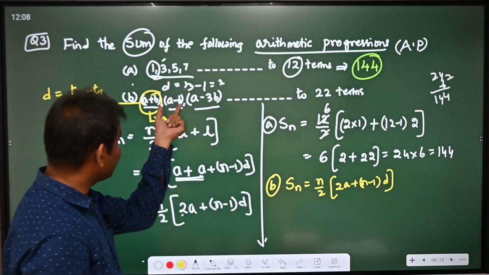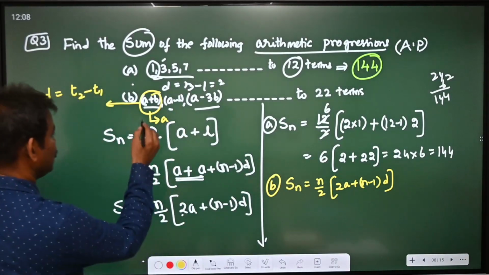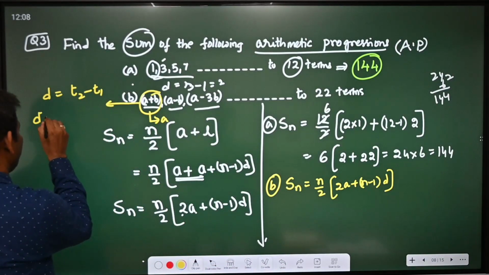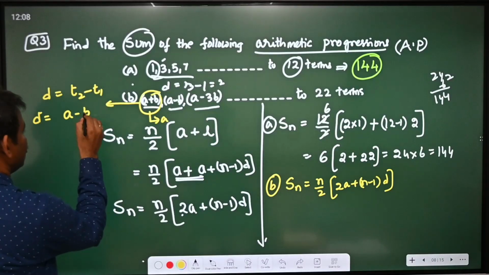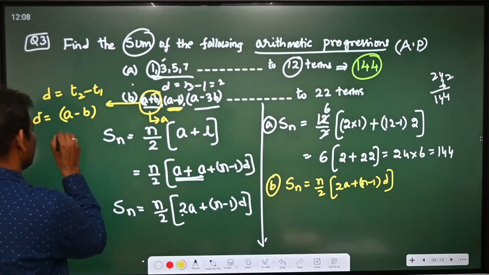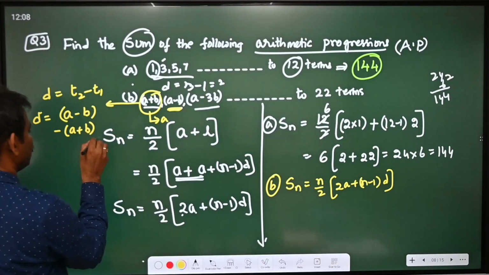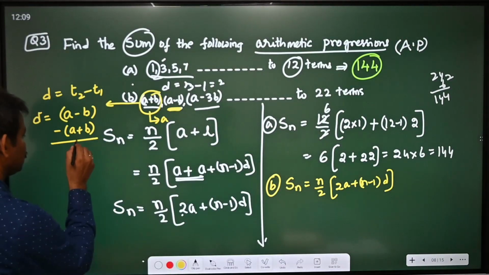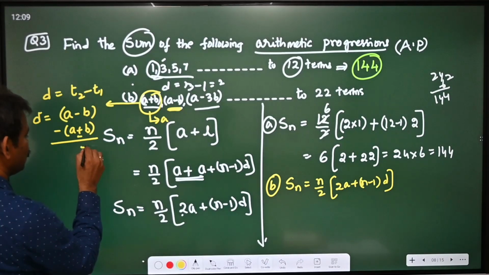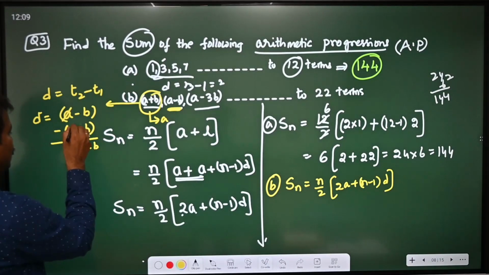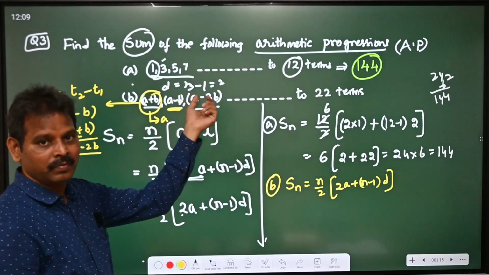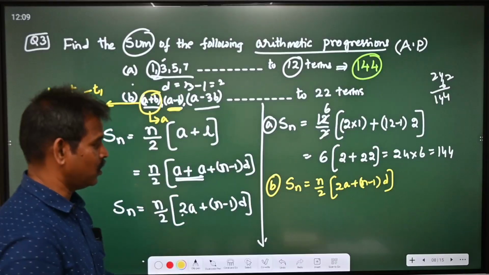The second term is a minus b, minus a plus b, so I am subtracting this and the signs will change. Minus b minus b becomes minus 2b, and plus a minus a get cancelled. So for every term we are adding minus 2b, and so on.